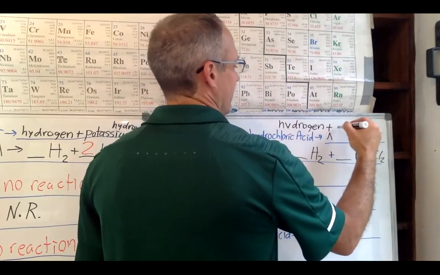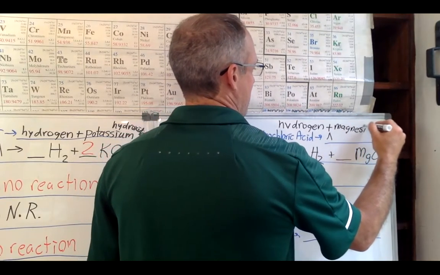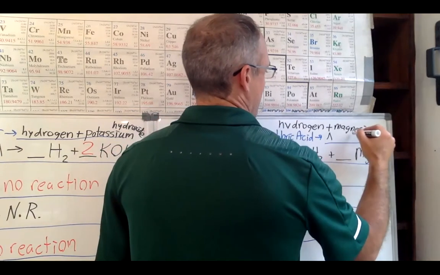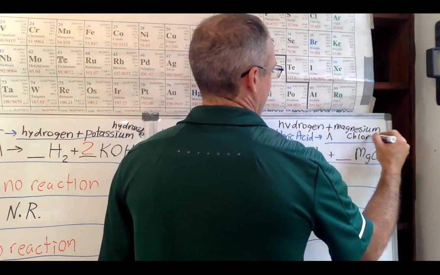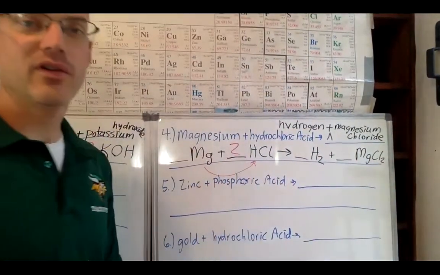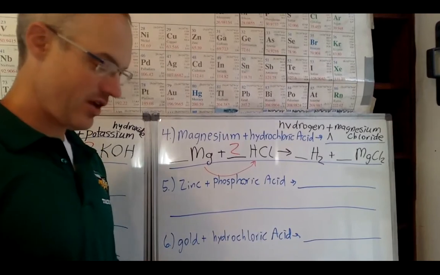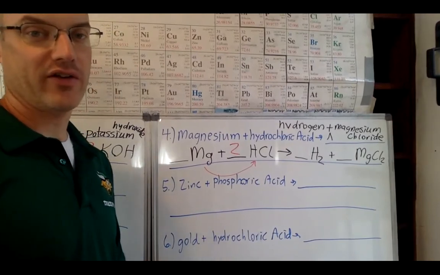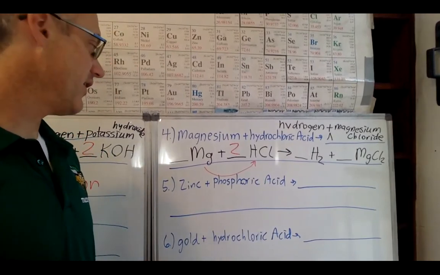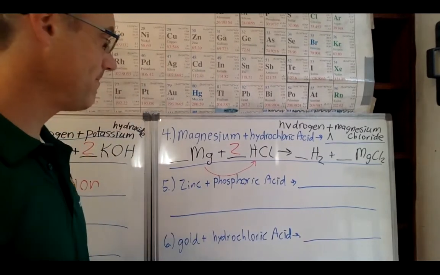Hydrogen plus magnesium chloride. You do want to be careful because there's chlorate, there's hypochlorate, there's all kinds of different chloride ions, so you want to make sure that you're keeping them straight.